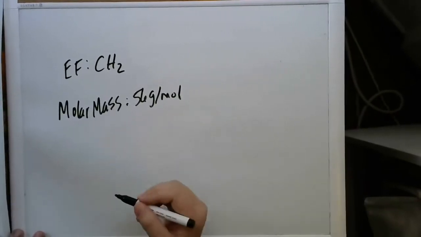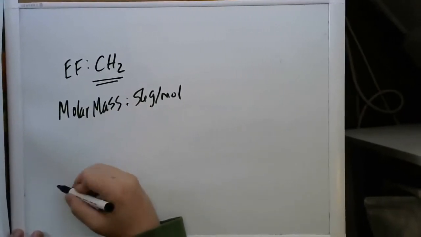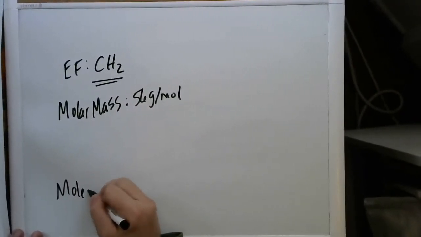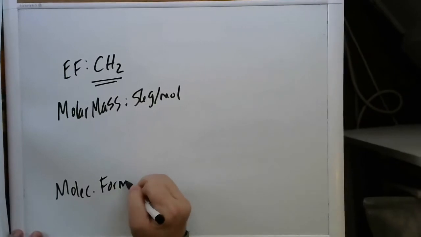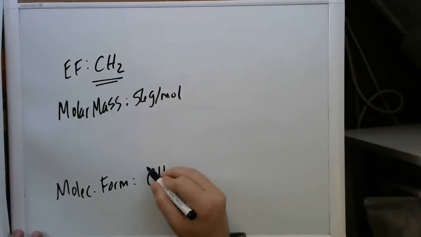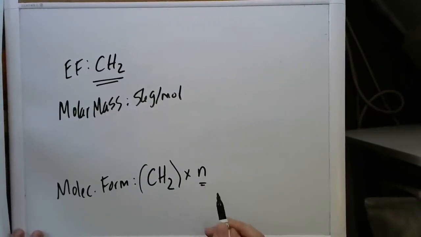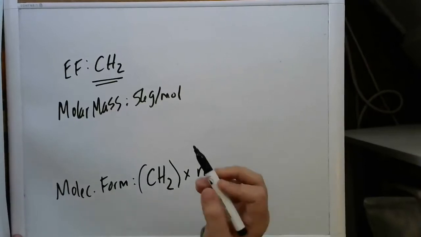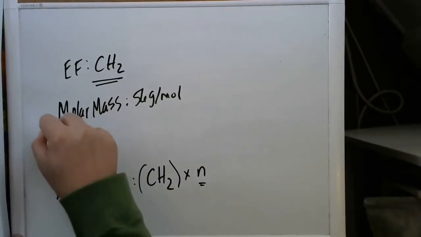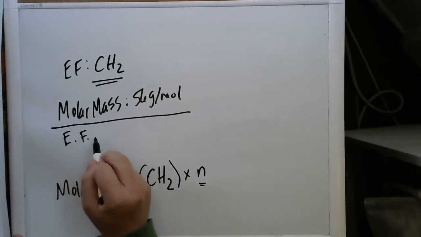All right, so again, this is our empirical formula. So to find the molecular formula, we're going to have to do the empirical formula times n, right? And this will be the integer that we find by taking the molar mass and dividing it by the empirical formula mass.